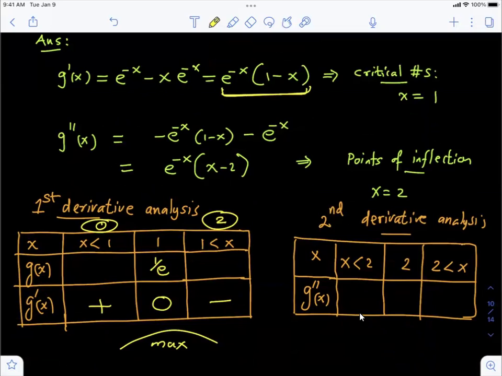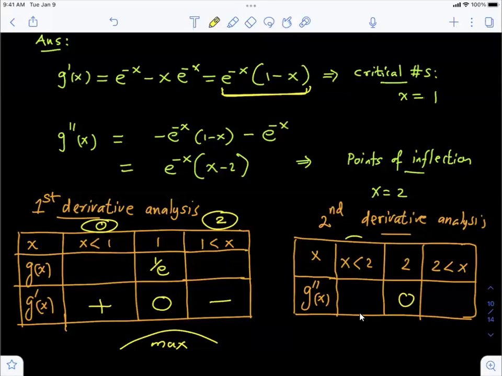And then at the same time, I'm trying to see what's happening with the second derivative. I'm being lazy here by putting both of them together to get all the work done in one single location. So when I consider x equals 2, the second derivative, of course, by computation, we know it's going to be 0.